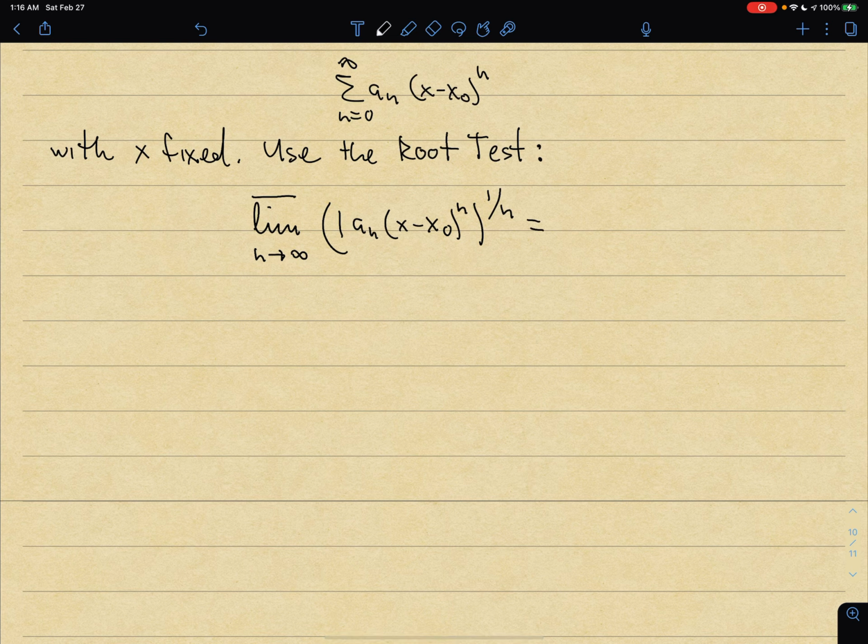It will be a lim sup as n goes to infinity. And then we can distribute the absolute value inside the nth root. So absolute value of a_n times (x minus x0) to the power n, I can write as the absolute value of a_n times (x minus x0) to the power n, the whole thing to 1 over n.